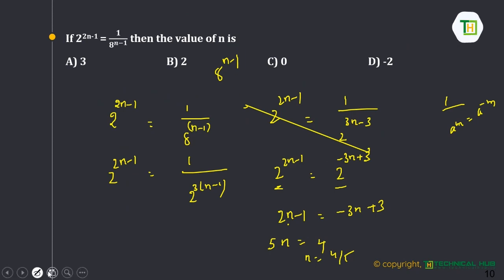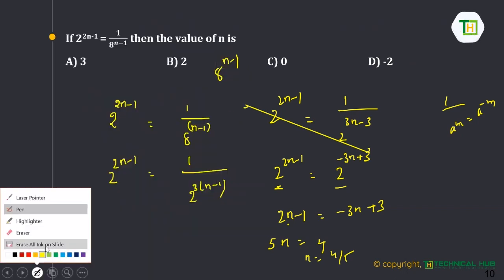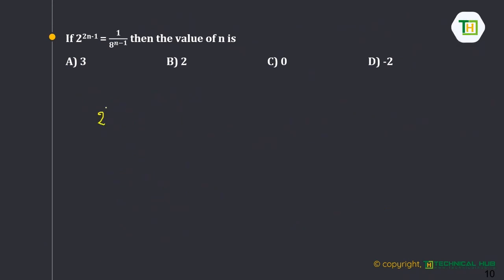Okay, I will solve it. I thought it was a to the power of brackets n minus 1. Yeah, see, so 2n minus 1 is equal to 8n minus 1. So 2 power n minus 1 is equal to 1 by 2 to the power of 3n minus 1.